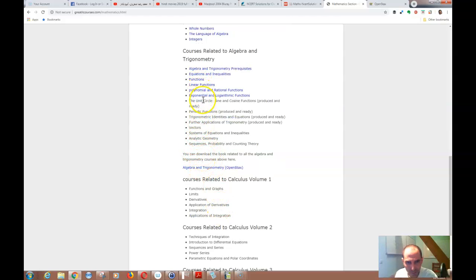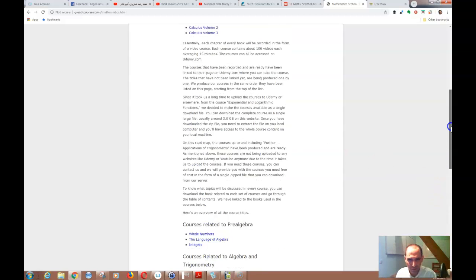Now, for a couple of reasons, in the middle of when I got to trigonometry here, I stopped this path because of some problems.